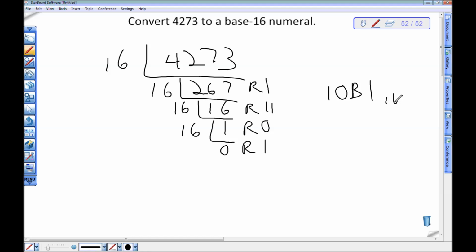And I can check: 1 times 16 plus 0 is 16, times 16 is 256, plus 11 is 267, times 16 is 4,272, plus 1 is 4,273. Yep, that is the correct number.